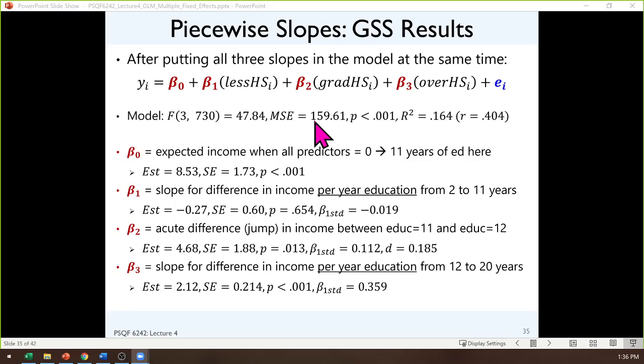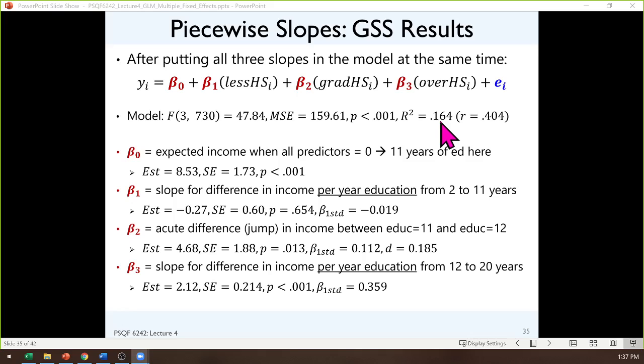159. So that is reported for completeness. That way you could calculate all of the other sums of squares in that table if you wanted to. R square at the end of the line here, that's an effect size. There are 2 different ways to think of R square. One is as the proportion reduction in variance after factoring in your model predictors.